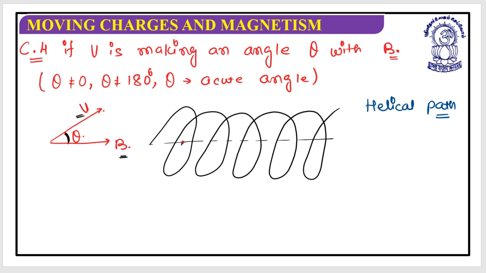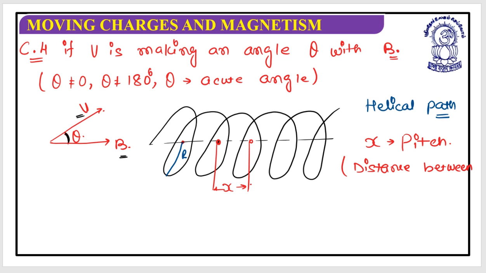This is the radius r, and the distance between two consecutive helix turns can be represented as the pitch. The pitch is the distance between two consecutive helix turns.